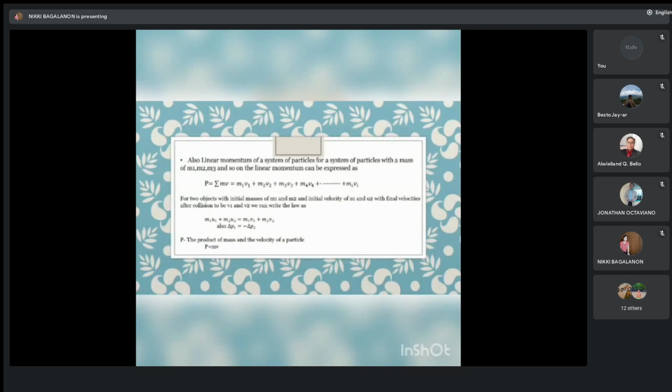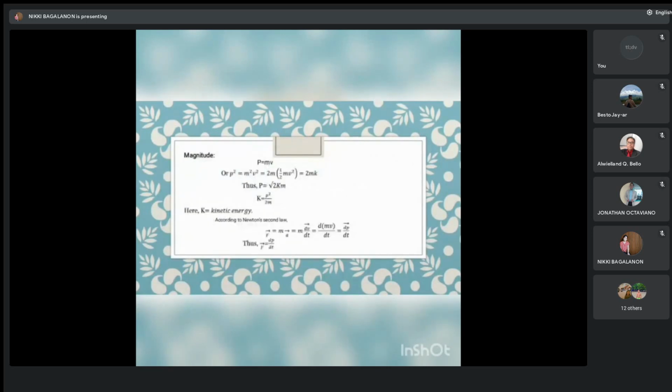Also, Δp1 = -Δp2. P is the product of the mass and the velocity of the particle, P = mv. In magnitude, P = mv, or P² = m²v² = 2m times (1/2 mv²) = 2mK.